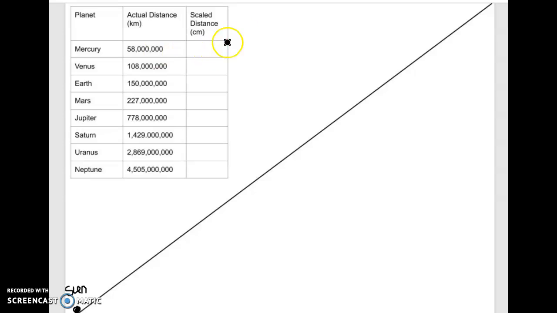So in order to do that, we are using a scale that says 200 million kilometers, that's a 2 with all these zeros, is equal to 1 centimeter.